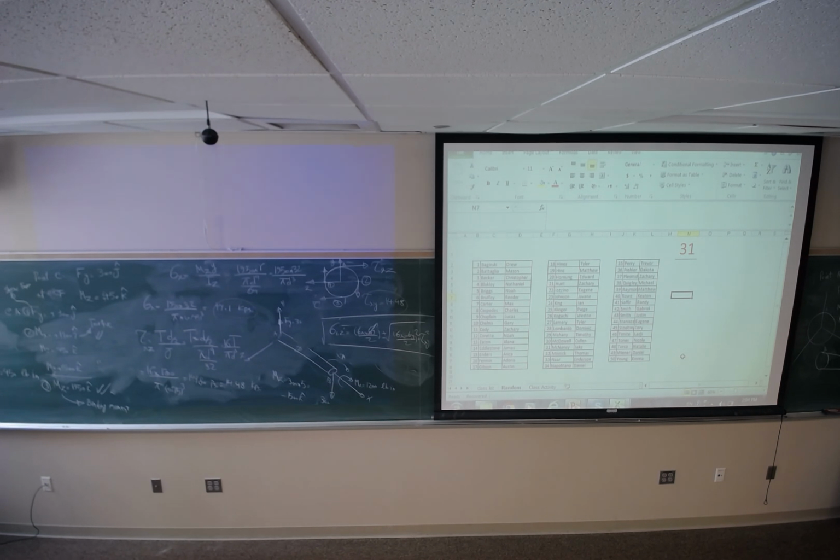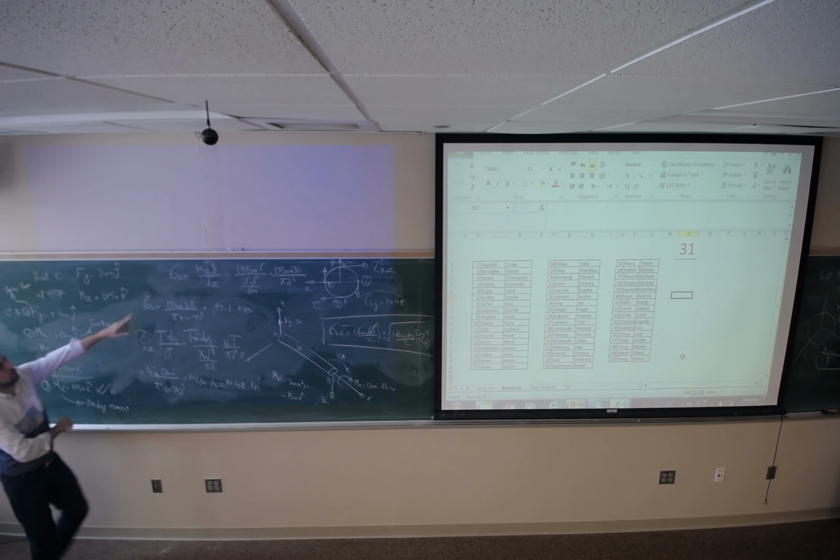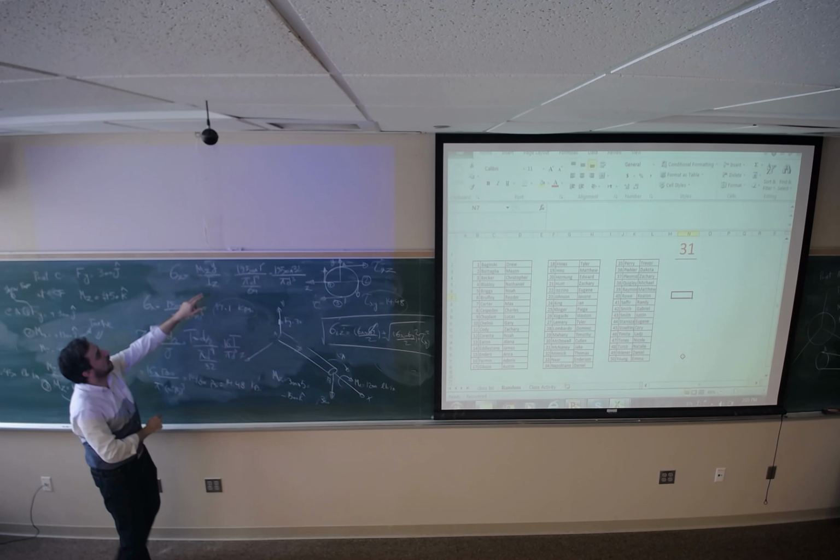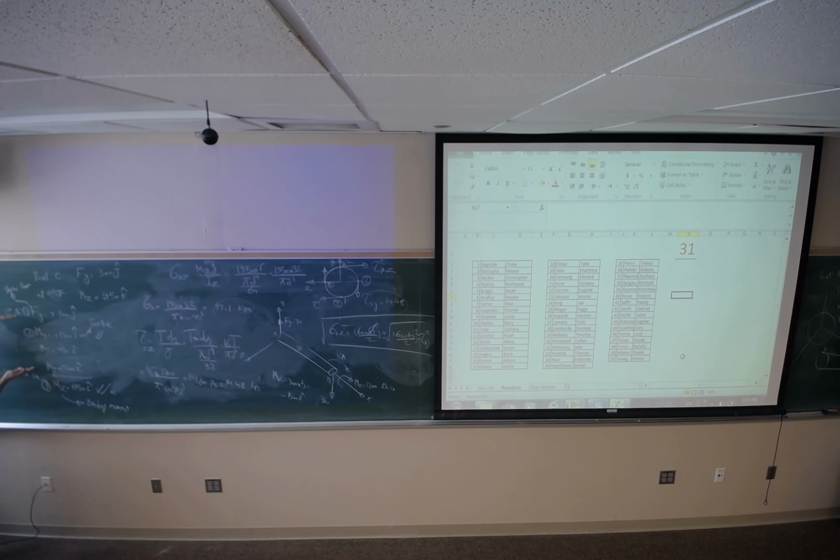Number 31. Let's start with normal stress. What do you think? Would it be Mx times... It should be Mx. Yeah. I mean, the only moment, Mx, is making torque.